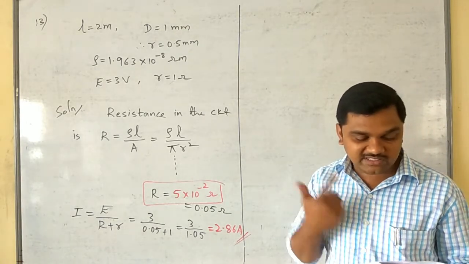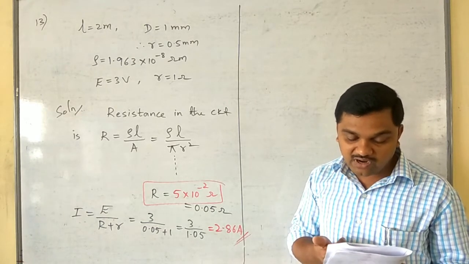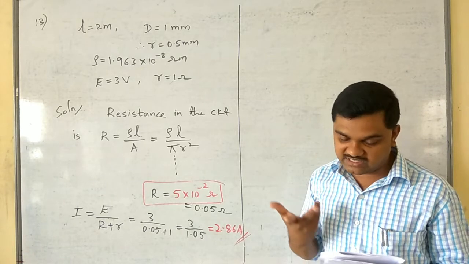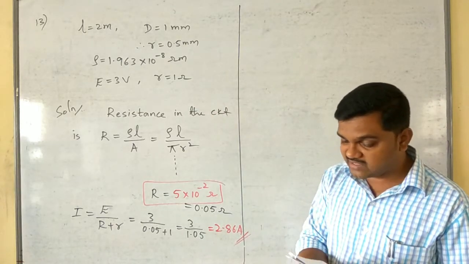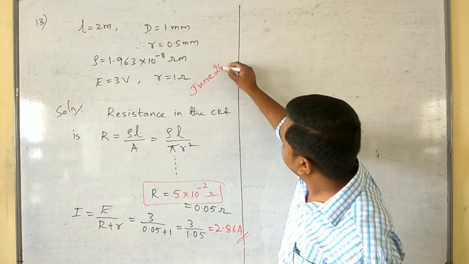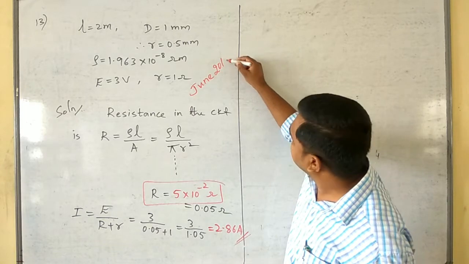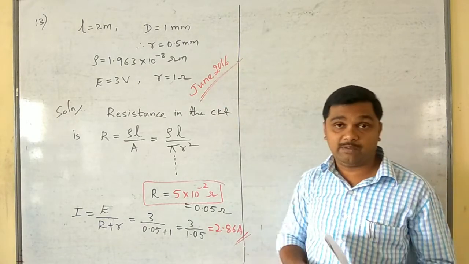Calculate the equivalent resistance of the network and obtain the current in 12 ohm and 6 ohm resistors. Actually, this problem I forgot to tell you was asked in June 2016.